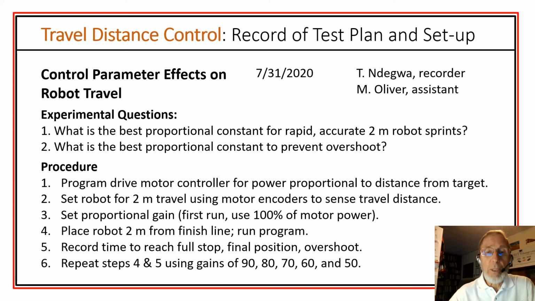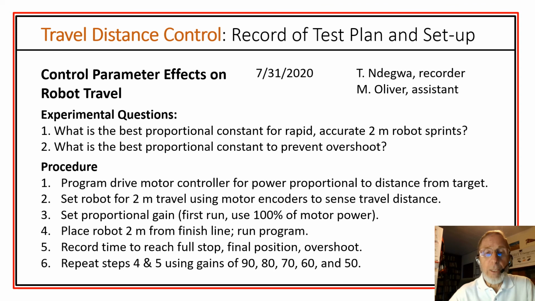We place a robot in position, which in this case is 2 meters from the finish line, and run the program. We collect data in terms of the time it took to reach the target and fully stop, and what the final position was, where it stopped, so we can tell if it really stopped at the 2 meter position, and record any overshoot that occurred, because we're trying to avoid that, for answering our second question.